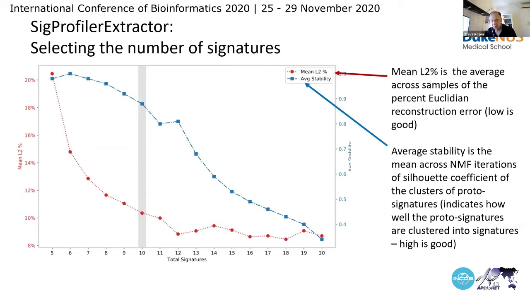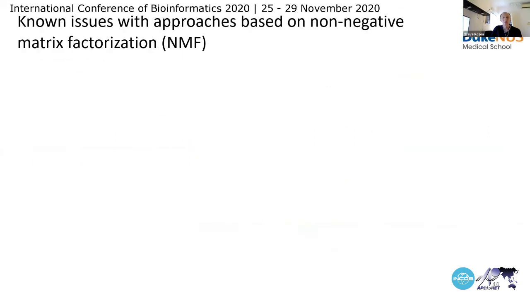And if the clusters aren't very stable, you probably overfit. So it tries to find a balance between the accuracy in the red and the stability in blue. Here you get much more accurate reconstruction, but the stability starts to go down. So it tries to find some place, but it's not very clear exactly where you should go in many cases.